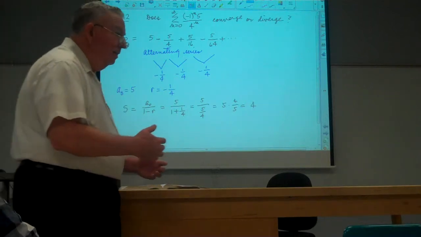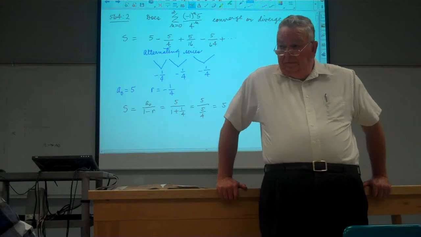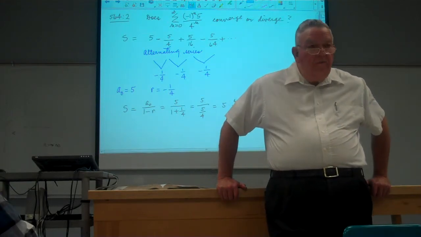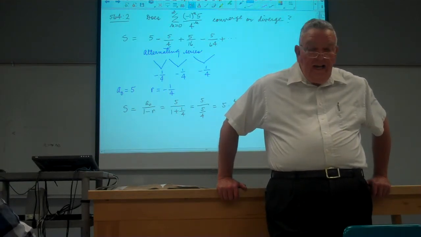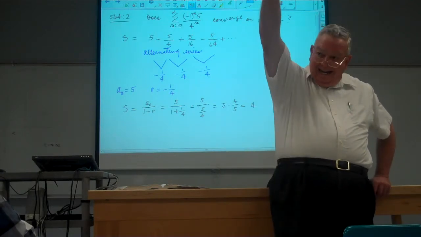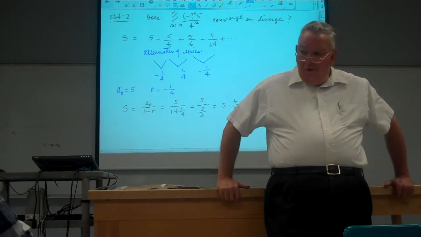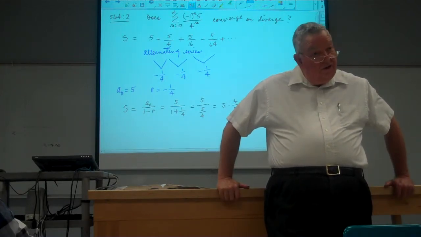That is method number 1. Method number 1 is real simple. Look for a common ratio. And if you get it, you say, hooray, because that is by far the easiest way to determine if the series converges.